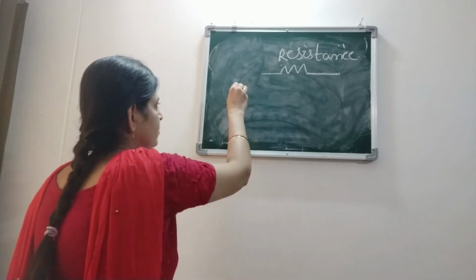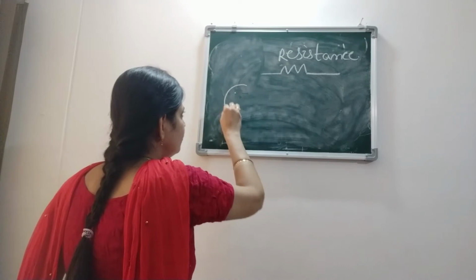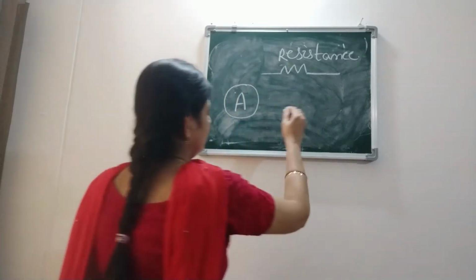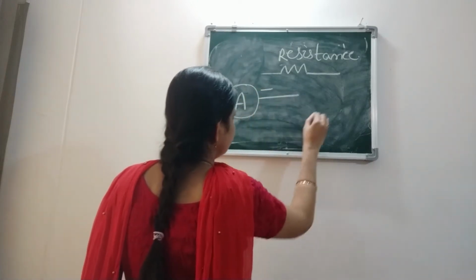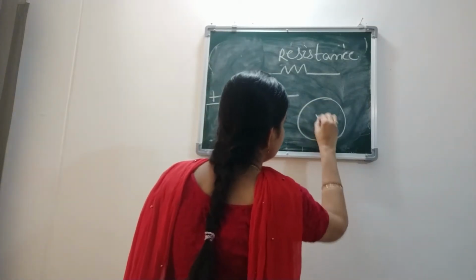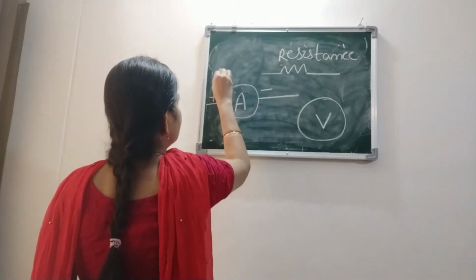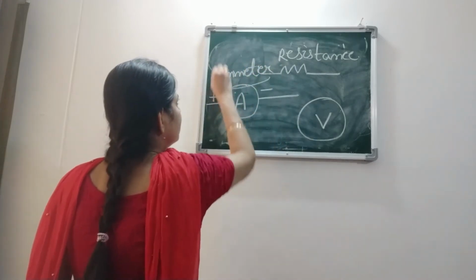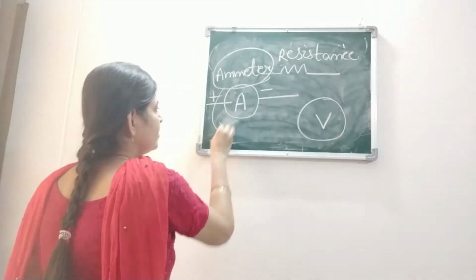Now, I will tell you two different instruments. One is written as A, with positive and negative, and the second one is written as V. A means your ammeter, which is used to measure the current.